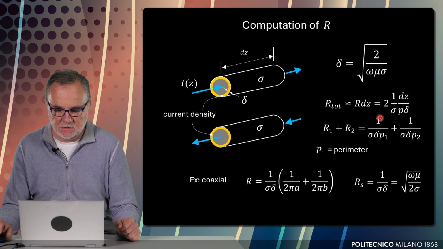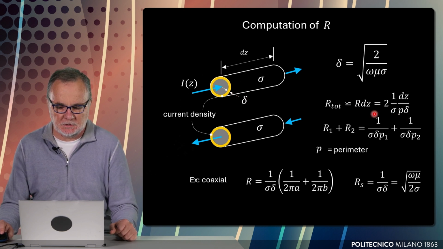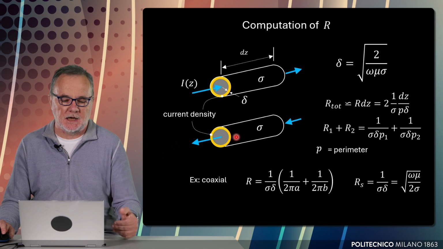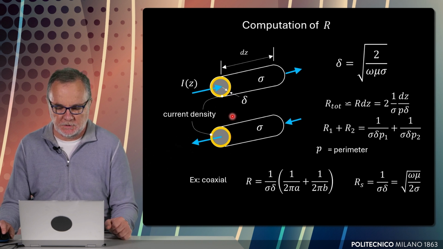This cross-section can be written approximately as the perimeter of the conductor times the skin depth delta. There is also a factor 2 that accounts for the fact that there are two conductors and therefore the double of power dissipation due to finite conductivity.